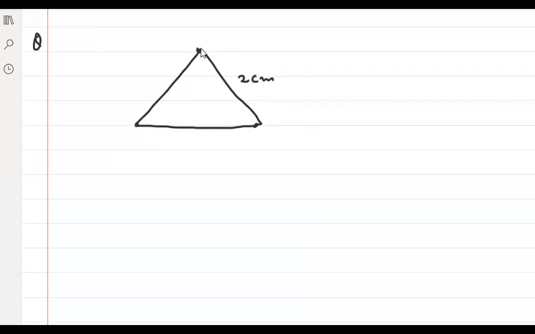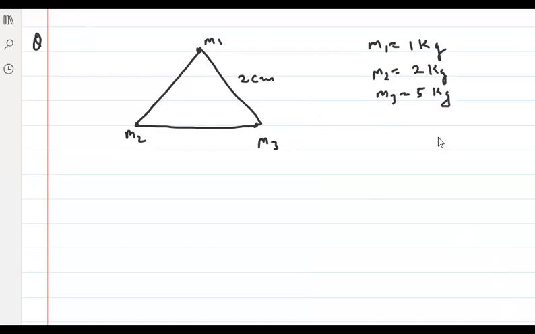This is M1, this is M2, and this is M3. M1 I'm giving as 1 kg, M2 I'm saying as 2 kg, and M3 I'm saying as 5 kg. This is the information.